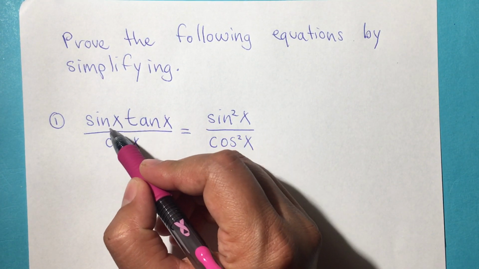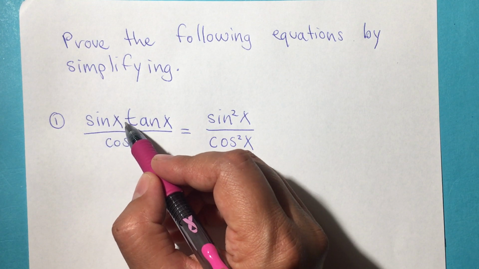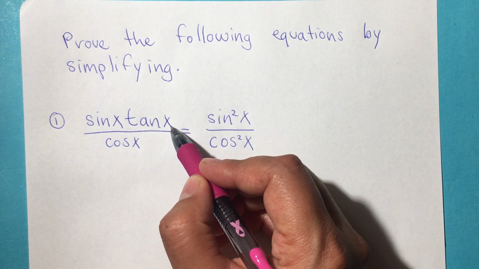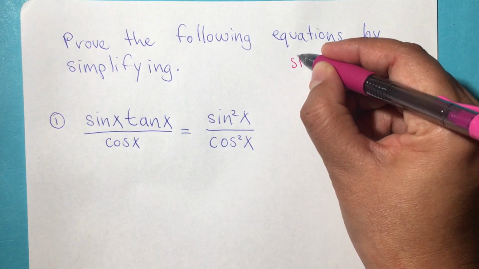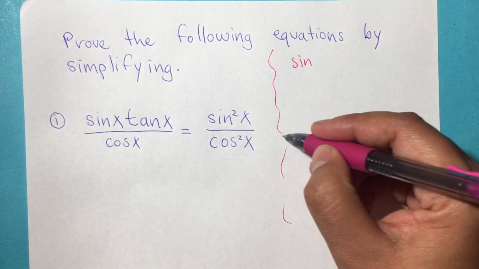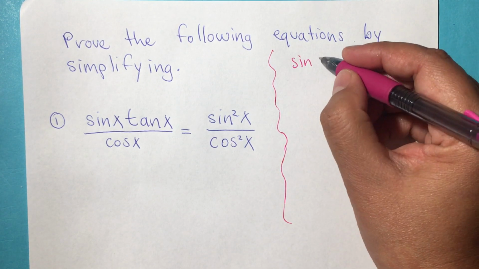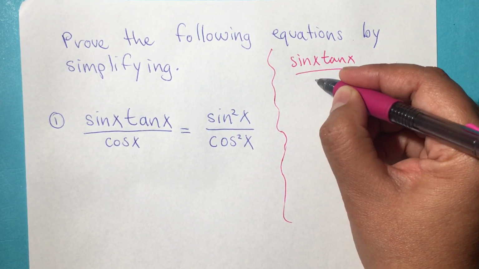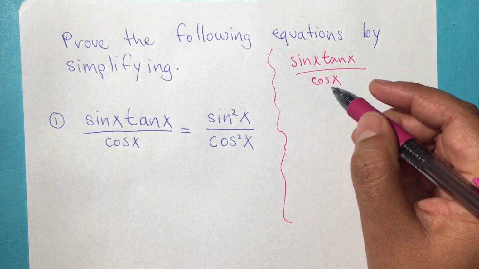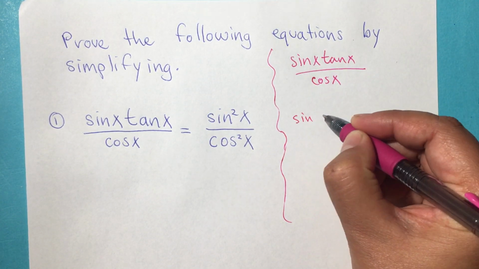In here, it says that you're multiplying sine of x times tangent of x, and you're dividing that by cosine of x. And so this is just extra information about fractions. Sine of x times tangent of x divided by cosine of x is the same as saying sine of x.